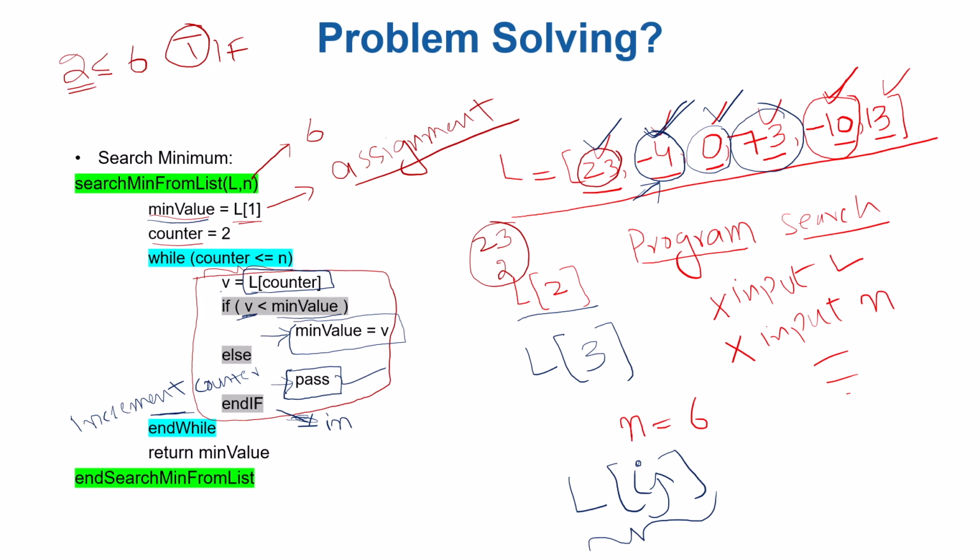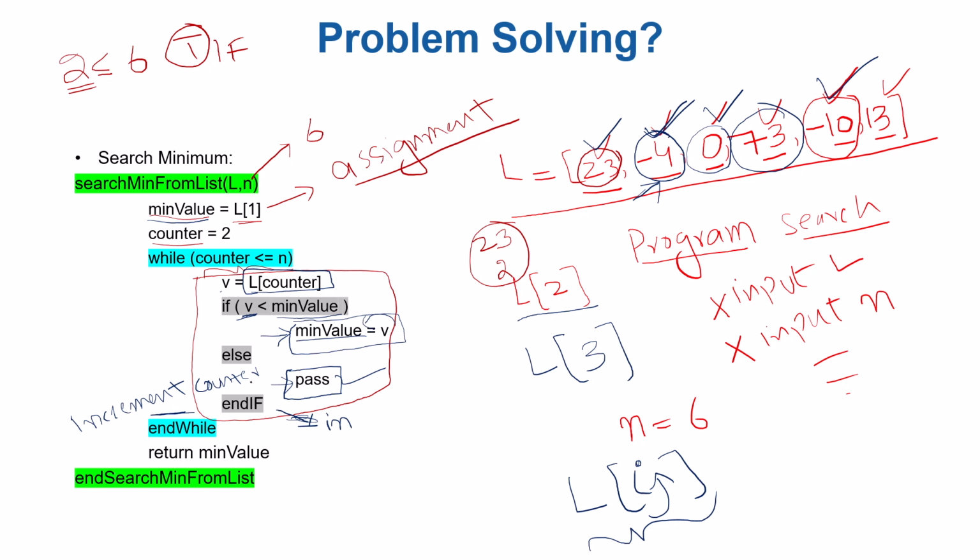No, do nothing, increment the counter, check the while condition. Now the counter will be 5. 5 is smaller than or equal to 6. Yes, pick the fifth entry because the counter is 5. The fifth entry is -10. Is -10 smaller than -4? Yes. Replace min value with the new value. Now the min value will contain -10.